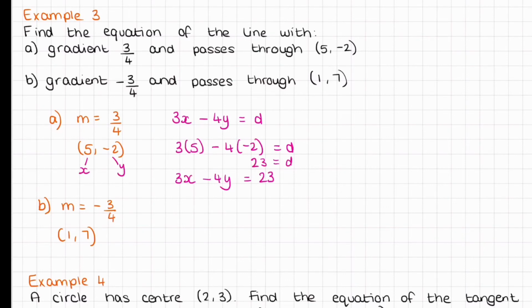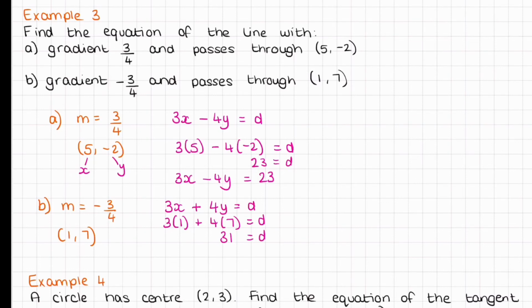Because the gradient is negative, we're going to have 3x, because the 3 is the numerator. Because the gradient is negative, this equation will be positive in the middle. The denominator, which is 4, times y equals d. Now we want to sub in the point (1, 7), so we'll have 3 times 1 plus 4 times 7 equals d, which will give us 3 plus 28, so 31 equals d.